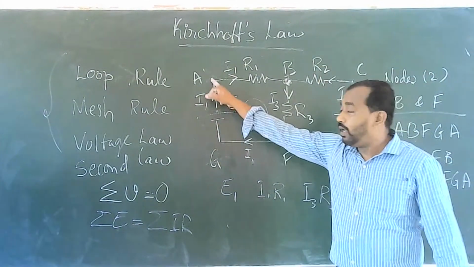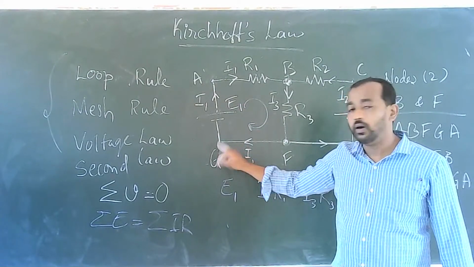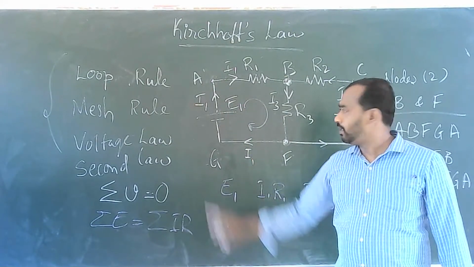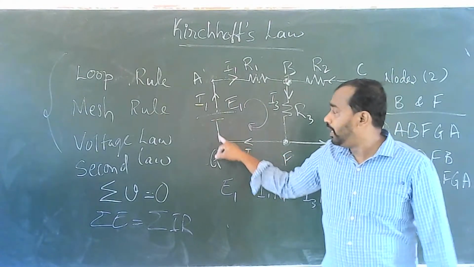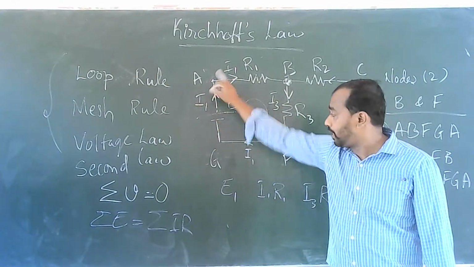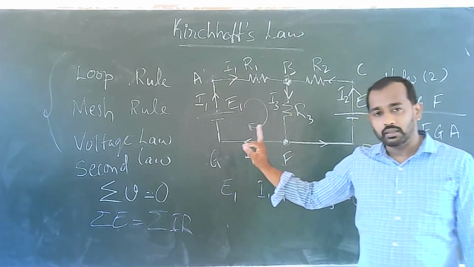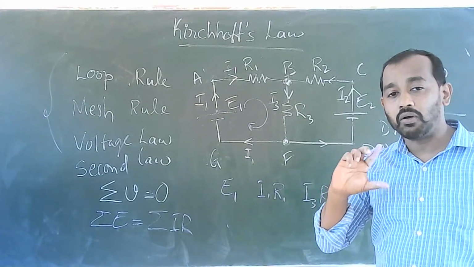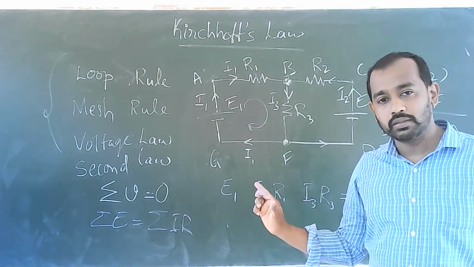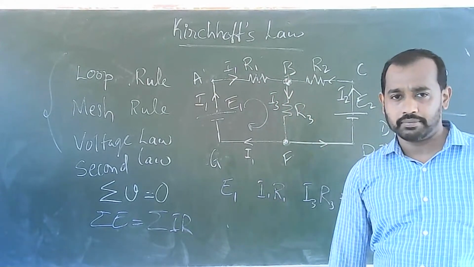Now, when we are deciding the polarity of the cell, we do not mean the current. But in deciding the polarity of the IR drop, carefully observe. These rules are never asked in examination. But if you are not aware of these rules, then you will not be able to use Kirchhoff's laws.